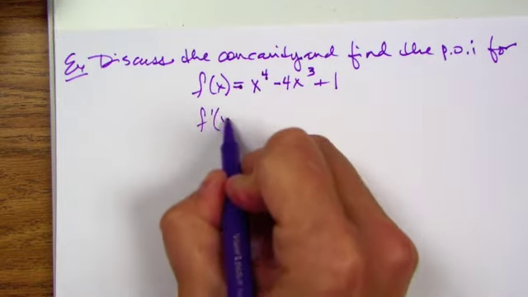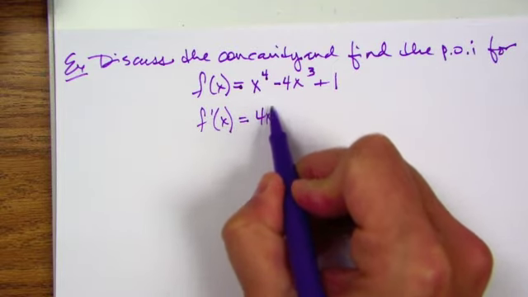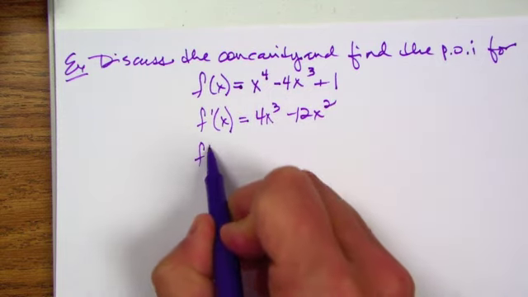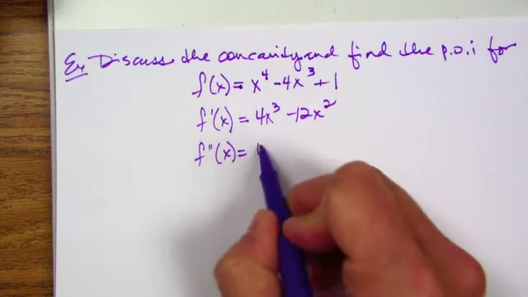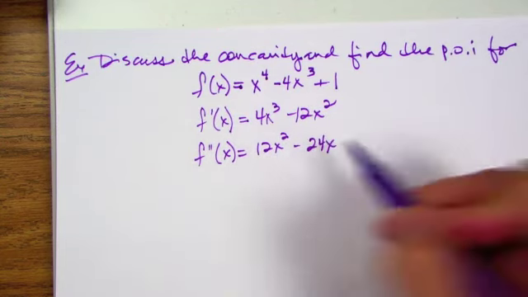So let's find the first derivative, and then find the second one. How about 12x squared minus 24x, right?